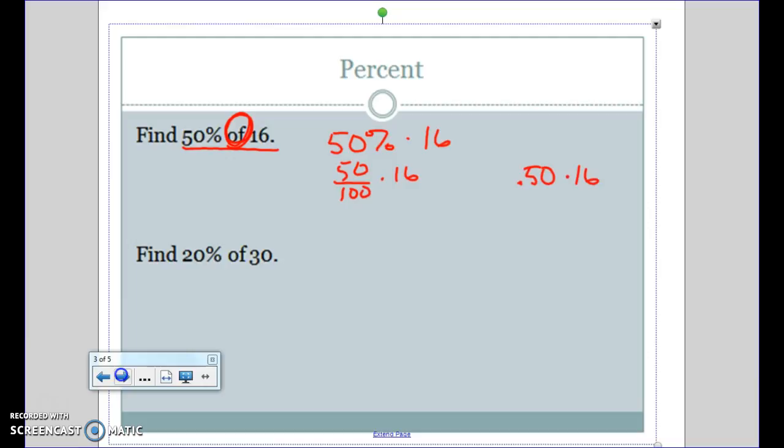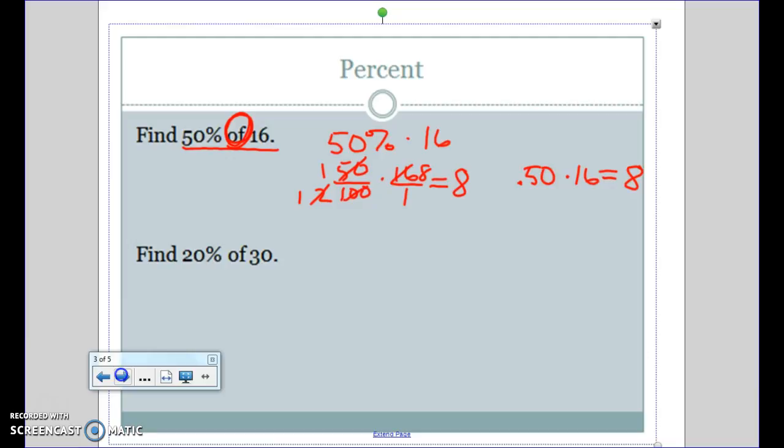All right, 50 out of 100, if I cross reduce, I see that that would be 8. If I take my calculator and I multiply 0.5 times 16, that will also be 8. Okay, and so there's 2 ways to do it.